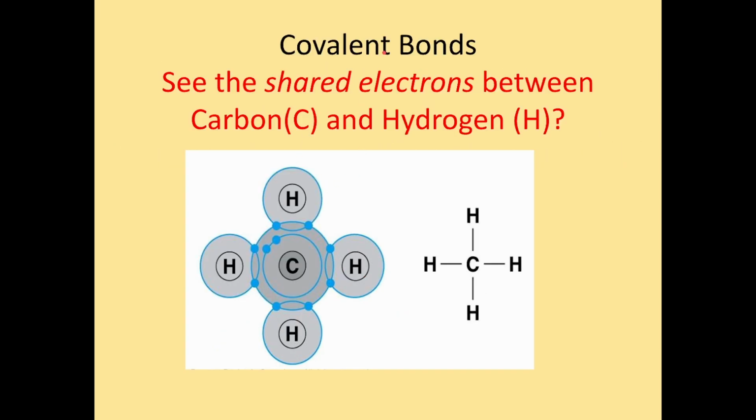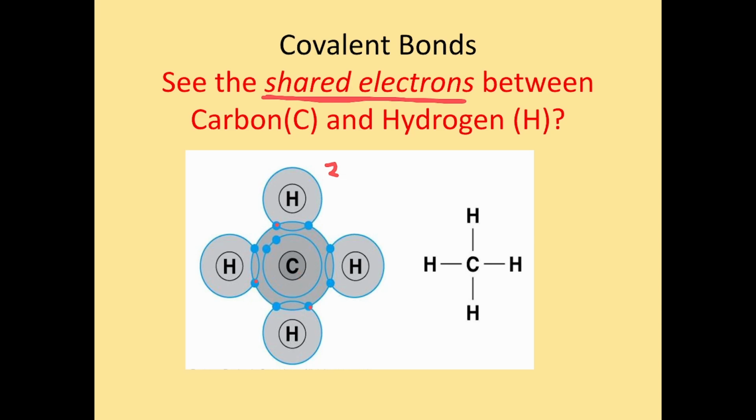So here we have covalent bonds, which we've already said is sharing of electrons. And so electrons are being shared between carbon and the hydrogens. Remember, the hydrogens, they want 2.